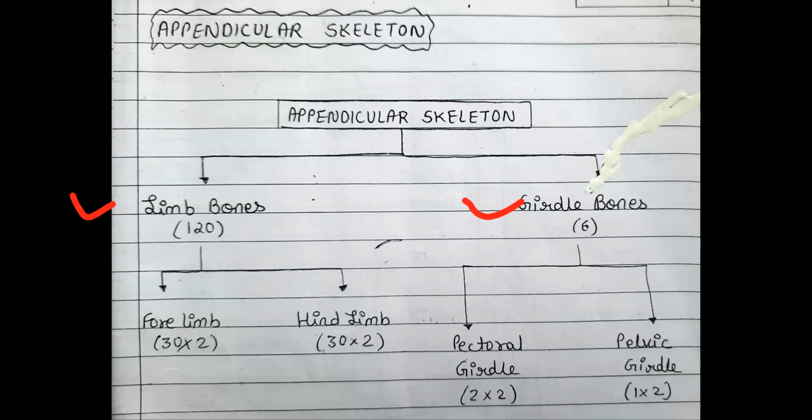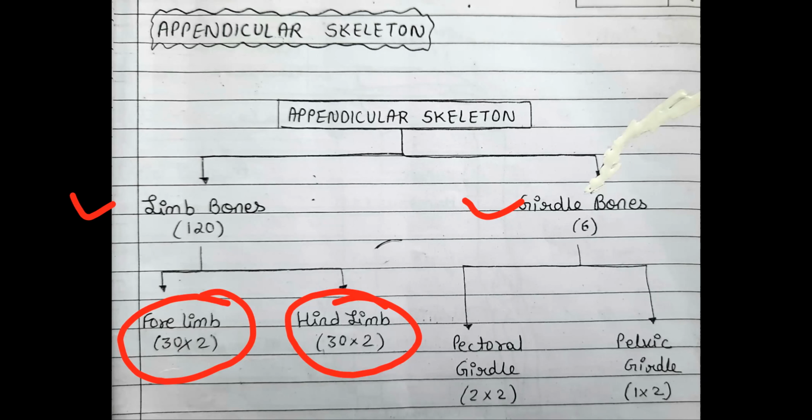Among the limb bones are forelimb bones and hind limb bones. Girdles are the structures of the endoskeleton which connect limb bones to the axial skeleton.